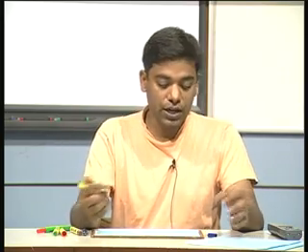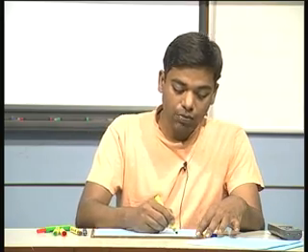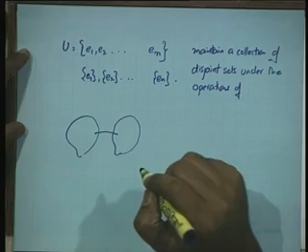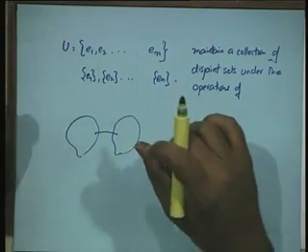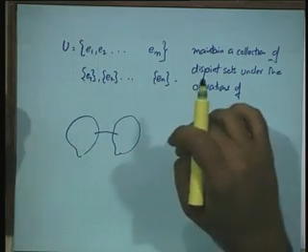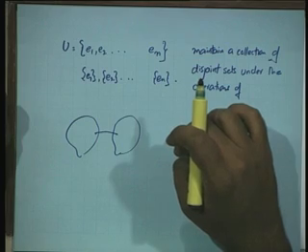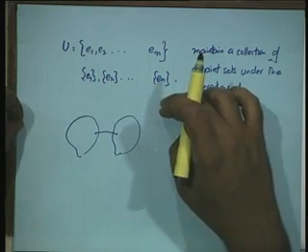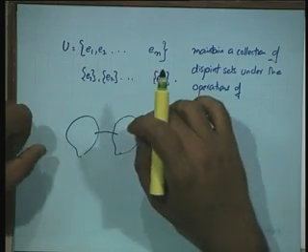The operation of union has to be done when I have one connected component, and I have another connected component, and the edge that I add runs between these two connected components. Then the resulting thing would be one connected component, and it should get reflected here by taking the union of the corresponding sets.